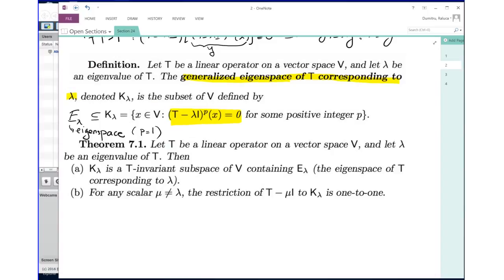So theorem: lambda is an eigenvalue. I'm going to prove this one. K lambda, the generalized eigenspace, is in fact a T-invariant subspace of V containing E lambda. The fact that it contains E lambda, we've already noticed that. So let's see now that it's a subspace.